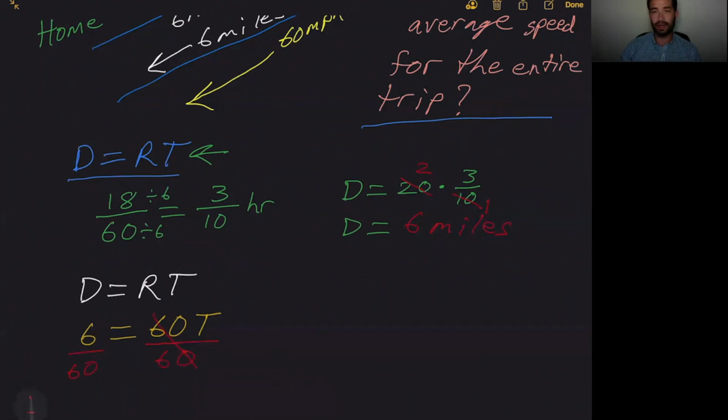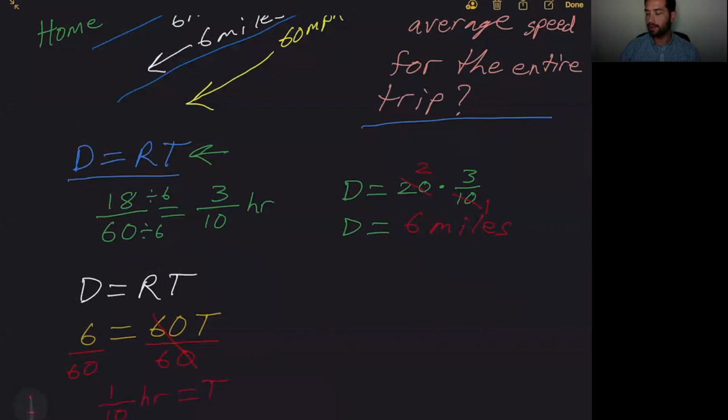And then 6 over 60, I'm going to reduce that fraction. The biggest number that goes into 6 and 60 is 6. So 6 divided by 6 is 1. And 60 divided by 6 is 10. 1/10 of an hour equals the time.